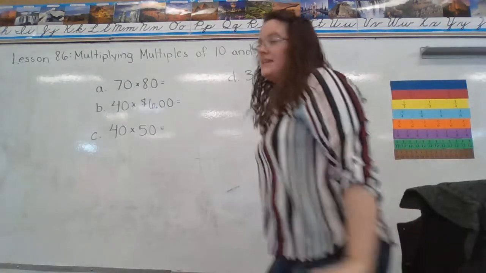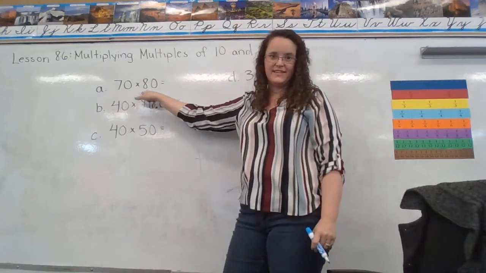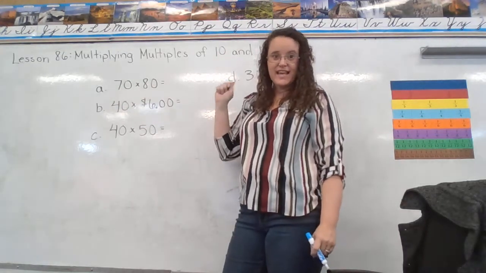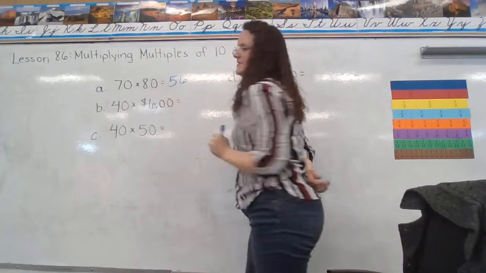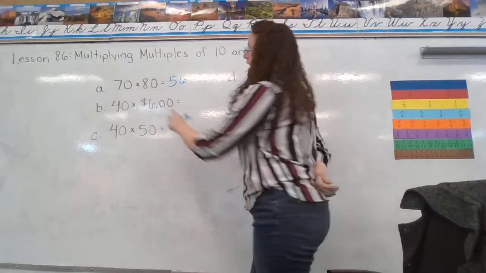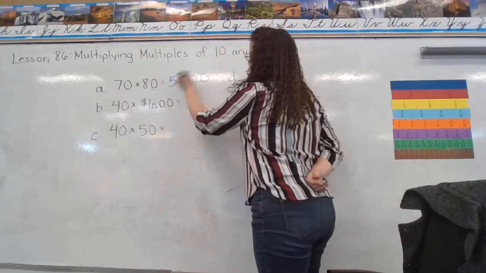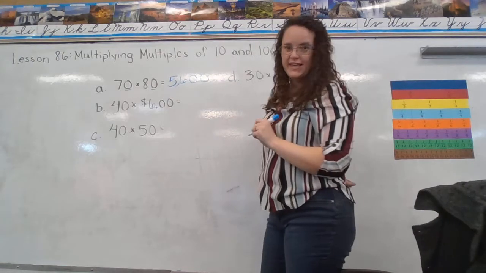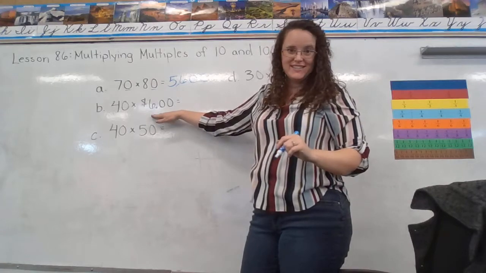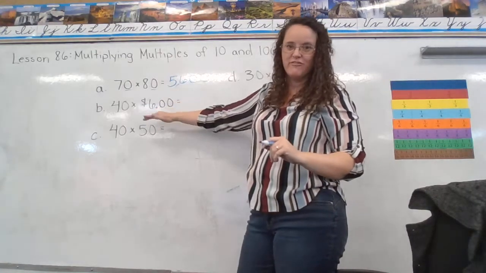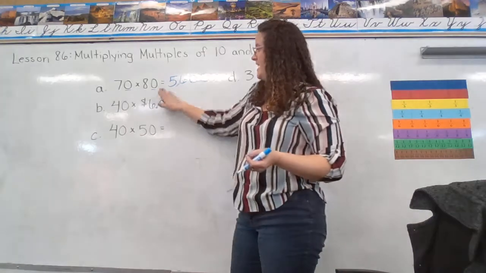So, 70 times 80. What is 7 times 8? 56 equals 7 times 8. How many zeros? 1, 2. So 2 zeros in my answer. Now, the book wrote it like this, and I almost left the change off, but I decided I should put it there so I can show you how to do this.